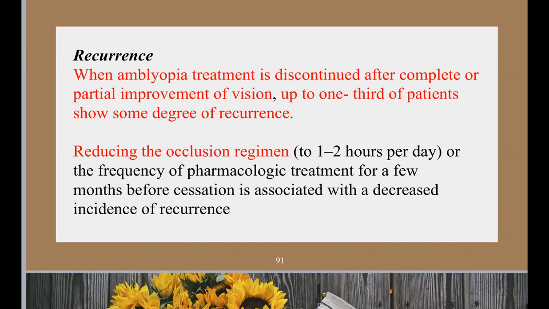Here, I should reduce the occlusion regimen, not stop the occlusion regimen suddenly. So it is important to reduce it gradually to 1 to 2 hours per day, and then to 1 hour, and then to half an hour, and so on. Okay, this is in order to avoid recurrence.